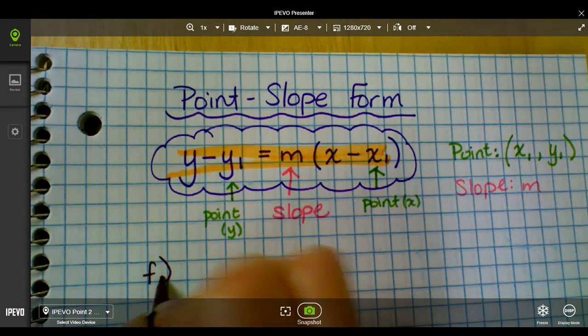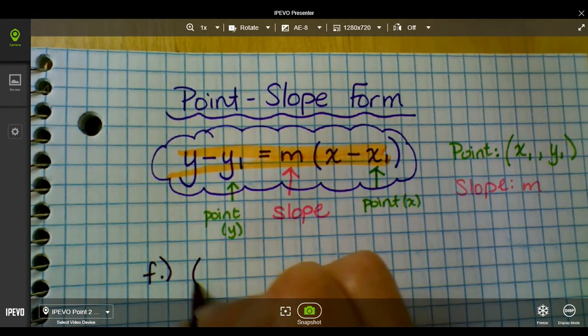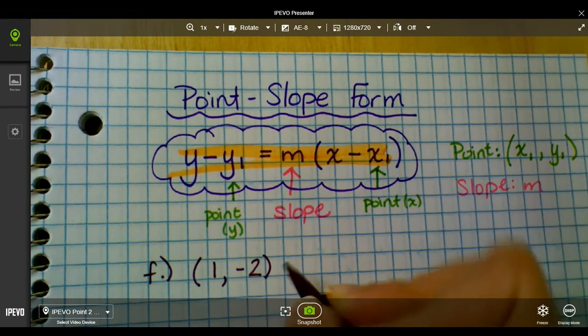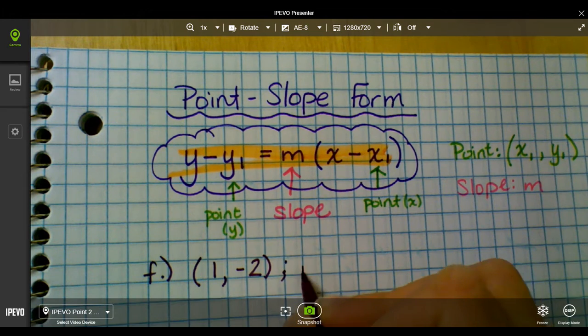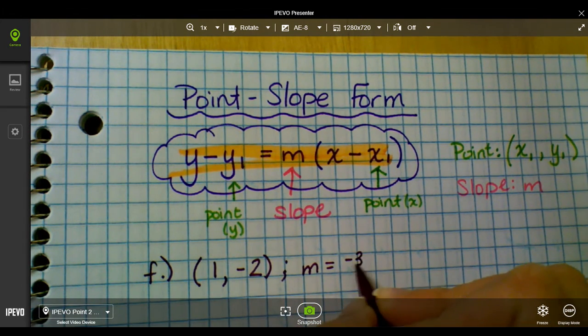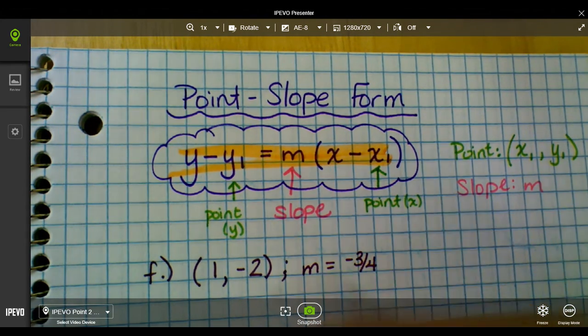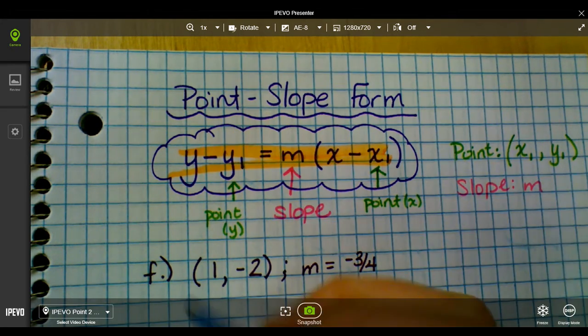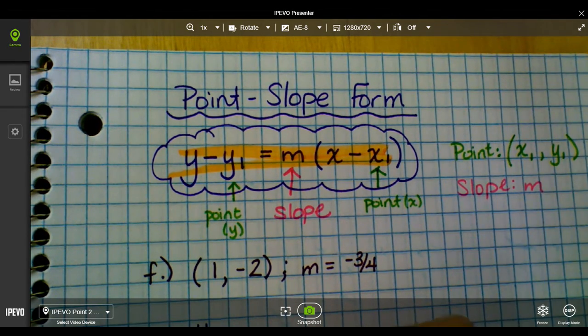So for part F over here, when we actually start doing these equations, say I give you the point 1, negative 2, and then I want your slope to be negative 3/4. All right, so remember, we're always just plugging it into that original formula over there. So we have y, this y always gets to stay.